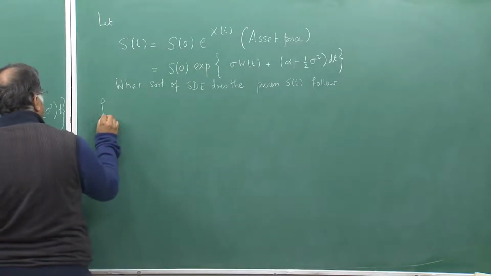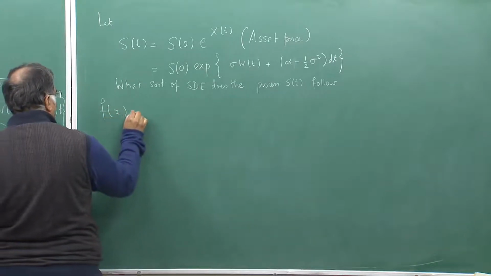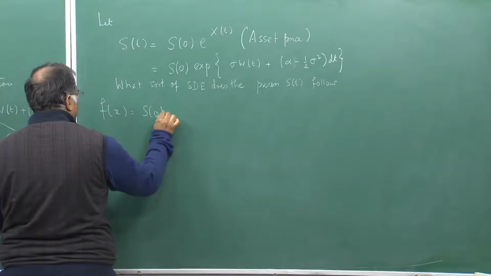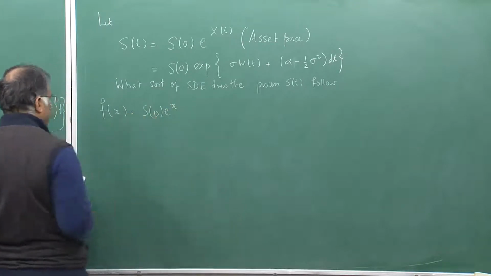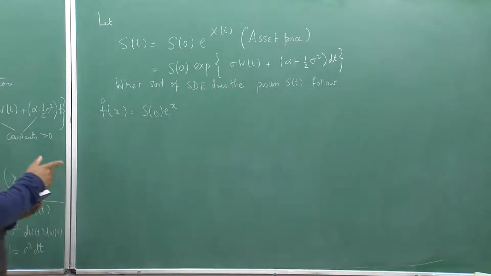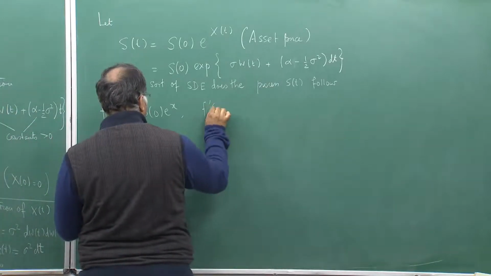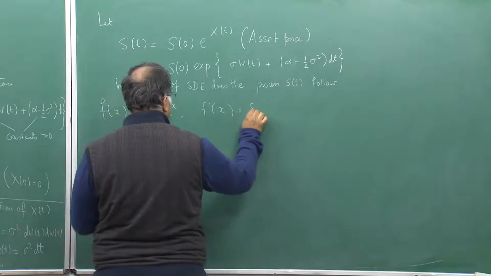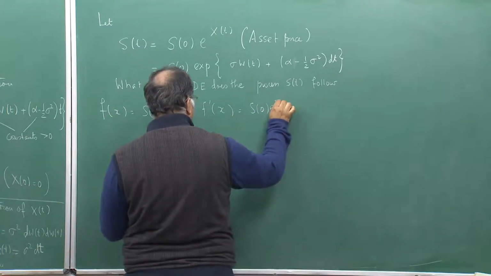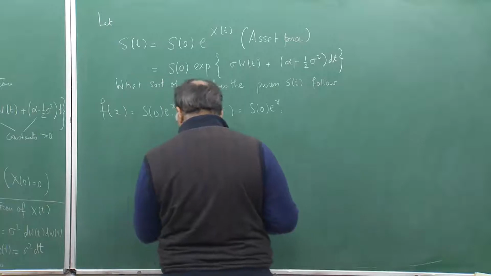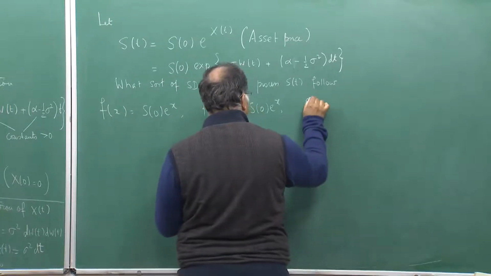Let us take f(x) equal to S0 times e to the power x. We do not have the t here, x only, t is not separately taken, not f(t,x). So, f'(x) is S0 times e to the power x, and so is f''(x).